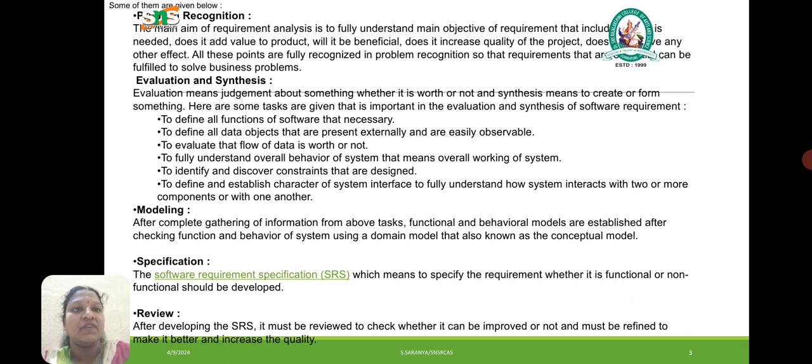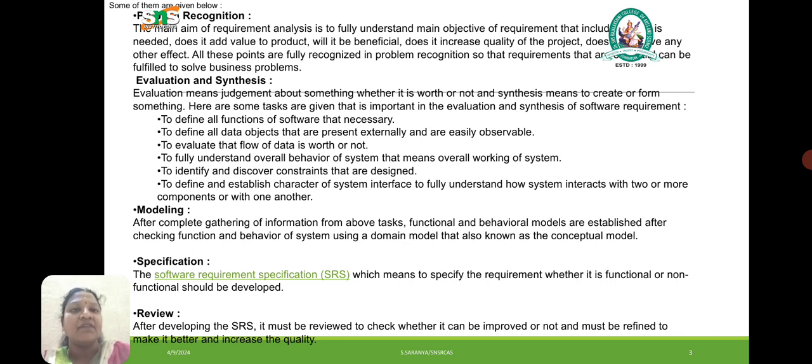To define all functions of the software that are necessary, to define all data objects that are present externally and are easily observable, to evaluate whether the flow of data is worth it or not, to fully understand the overall behavior of the system, that means the overall working of the system, to identify and discover constraints that are designed, to define and establish the character of the system interface, to fully understand how the system interacts with two or more components or with each other.